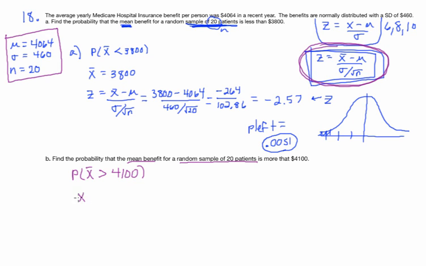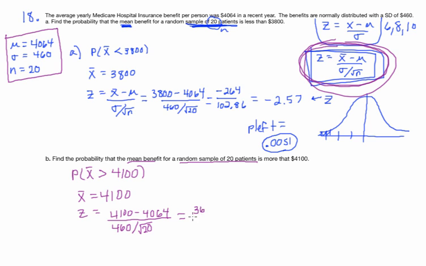I need to change that mean into a z-score. I'm going to use this same formula. My x bar, my mean, 4,100, minus the population mean, divided by the standard deviation, divided by the square root of n.